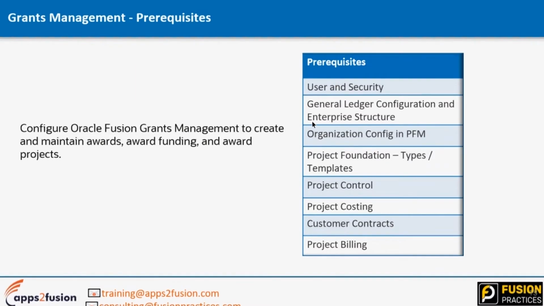Sponsors are nothing but customers in the system. So we first create sponsors as customers, and customers will eventually become the sponsors in grants management. And then obviously, since we are raising invoices and doing revenue, we have to do some basic setups or configurations for project billing as well, which is the last topic.